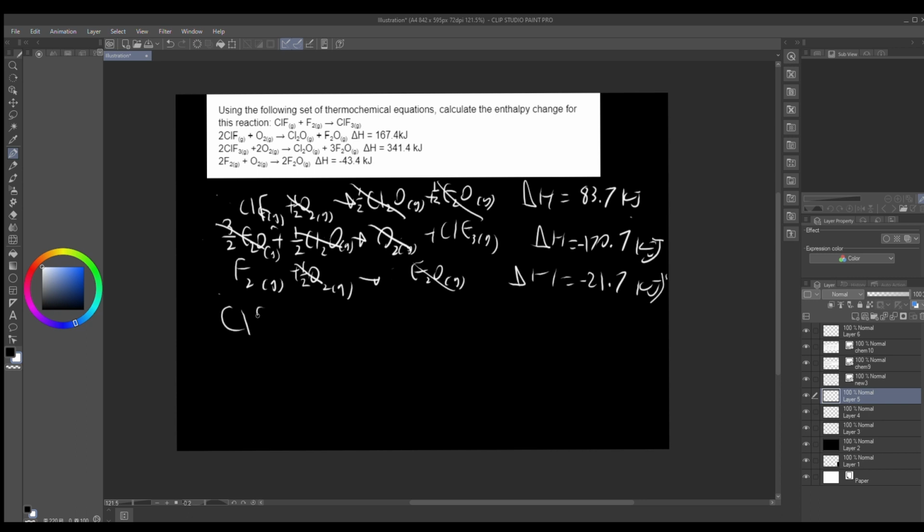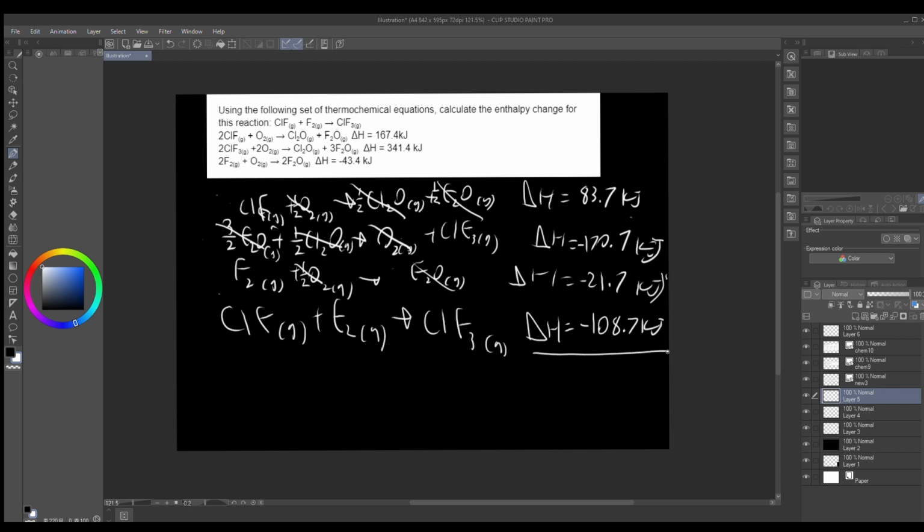So you get your final answer as COF gas plus F2 gas becomes ClF3 gas. And then you also have to add all of the enthalpy changes. So 83.7 minus 170.7 minus 21.7. So you get an enthalpy change of negative 108.7 kilojoules.